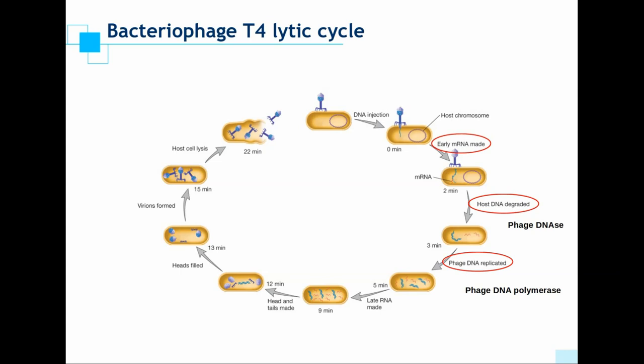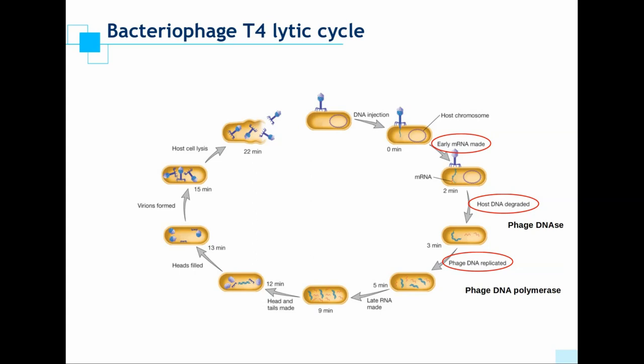Now, can anyone see a problem with this process? We have two things going on at the same time which shouldn't happen. Everybody get this? So phage DNA polymerase, it's producing DNA, right?